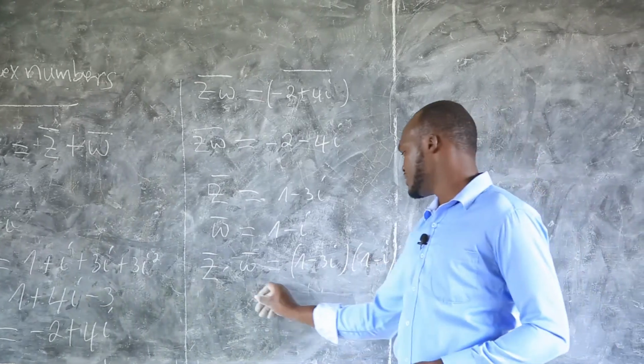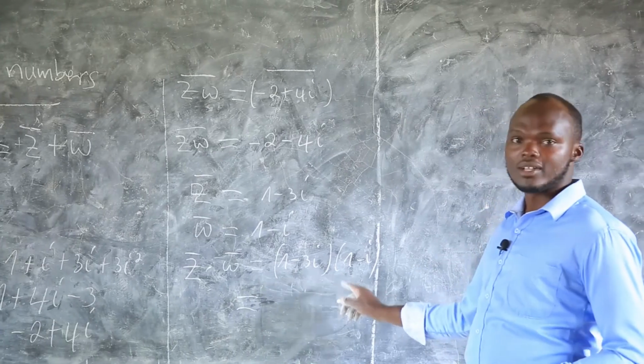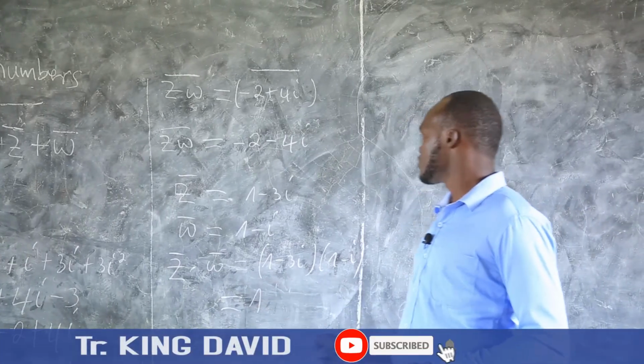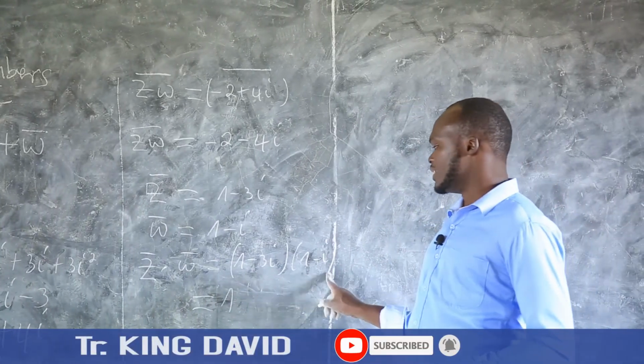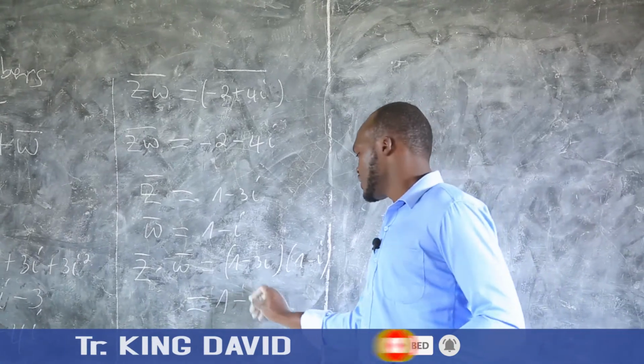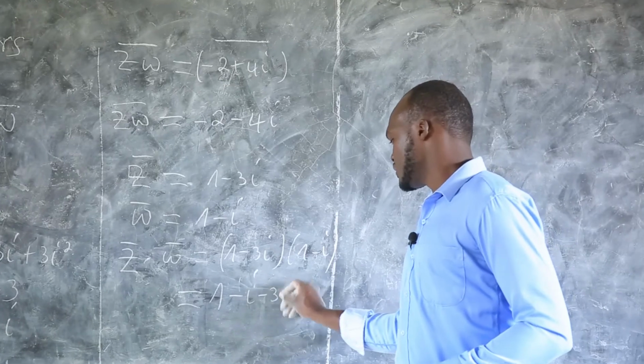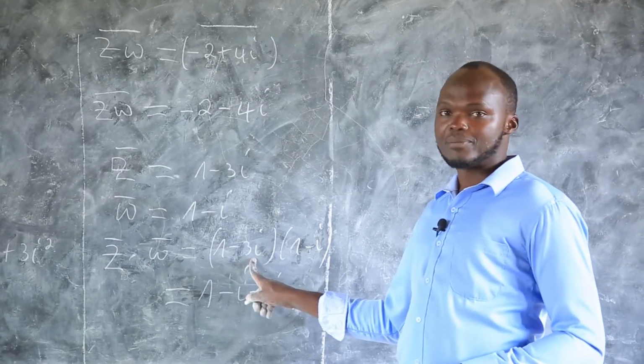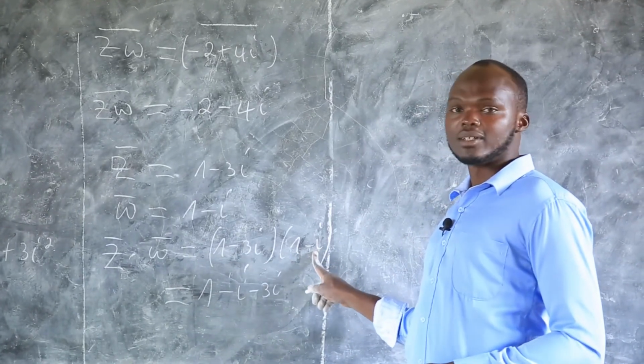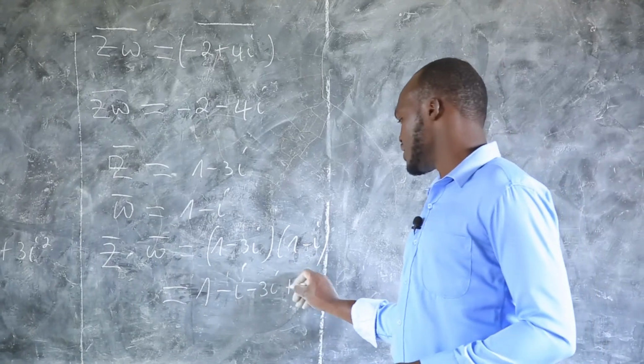So now here, 1 times 1 is 1. 1 times negative i, that's negative i. Negative 3i times 1, that's negative 3i. Negative 3i times negative i, that is positive 3i squared.